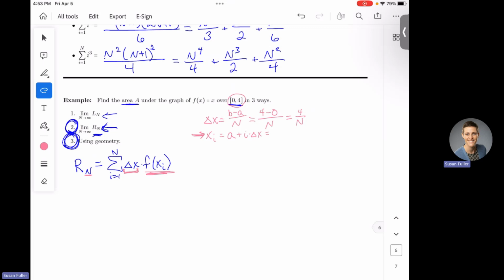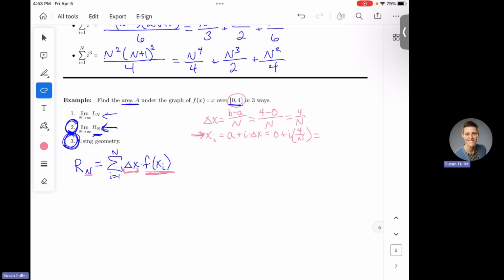So my a value here is 0, so I'm going to plug 0 in for a, and I'm going to add to that i times delta x, and we just found that delta x was 4 over n, so I'm going to plug that 4 over n into my formula here for x sub i.